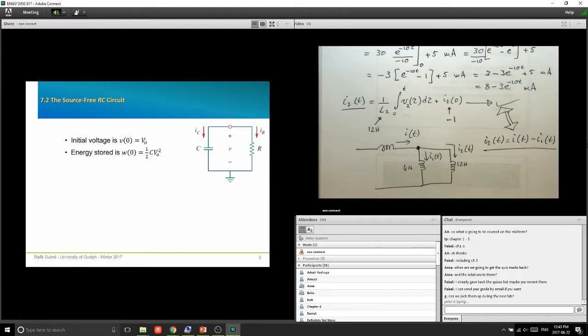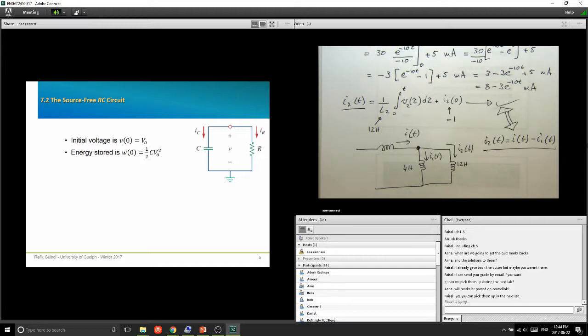So here's the situation. The initial voltage V of 0 is V naught. And you'll notice that this voltage is the same across the resistor as well, because look at the capacitor and the resistor, the way they're connected. You only have two nodes, a top node and a bottom node, and the capacitor is connected across these two nodes.